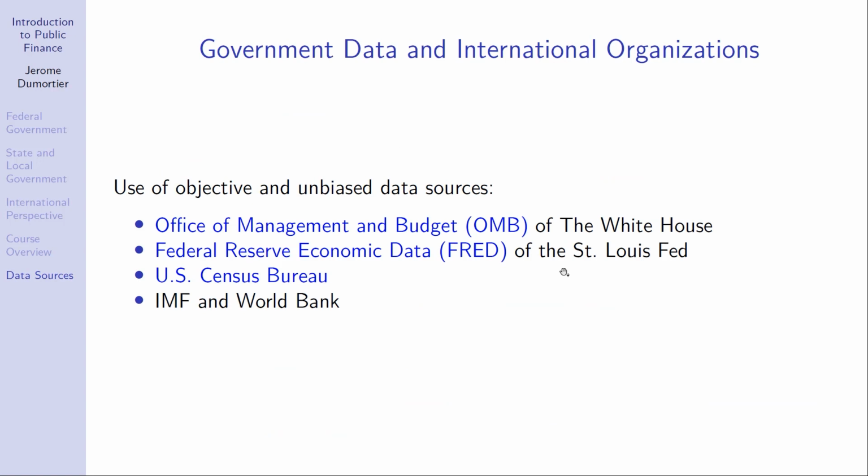Other useful resources to obtain data is the Office of Management and Budget, which is associated with the White House. I'm going to use a lot of data from the Federal Reserve Economic Data, or the FRED database, which is maintained by the St. Louis Federal Reserve. There is, of course, also the US Census Bureau, as well as international organizations such as the International Monetary Fund, IMF, or the World Bank.